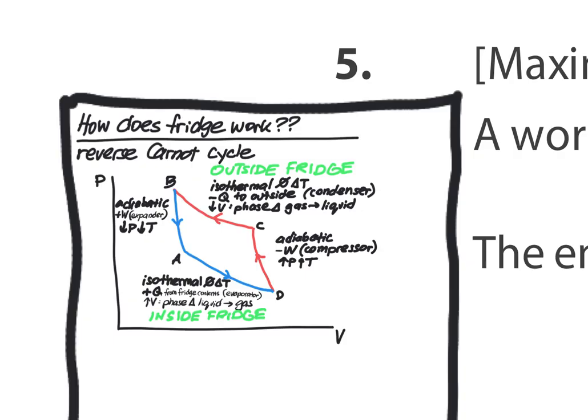So this is inside the refrigerator. That is heat input into the system from the food that's inside the fridge. And while that's happening inside the fridge, there's actually an evaporator inside the coils, inside the coolant coils, where there's a phase change from a liquid to a gas.